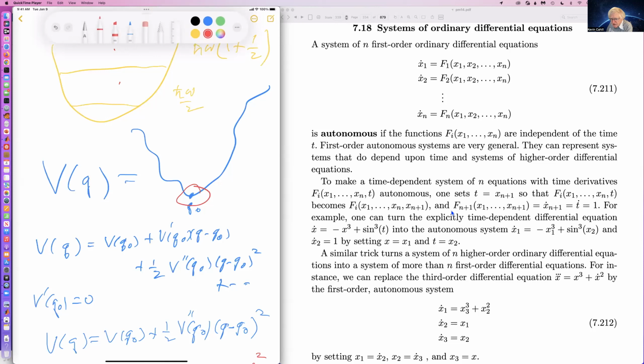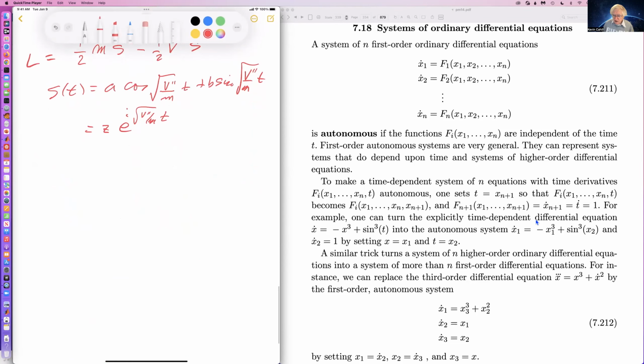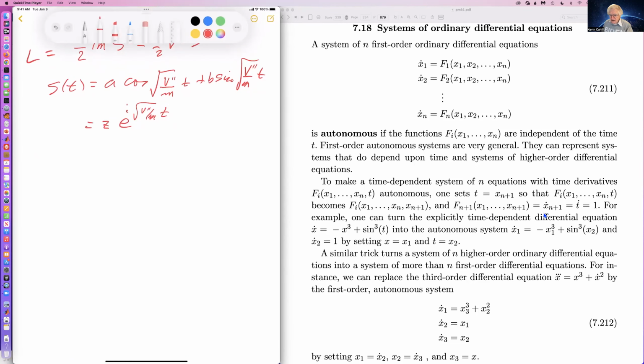And then the last one, f_{n+1}, we just make that the equation that says x dot sub n plus 1, which is t dot, or the time derivative of t, is just equal to 1. And the way you can do that, for example, in this particular case, if you have this as your time-dependent differential equation, you would write it this way.